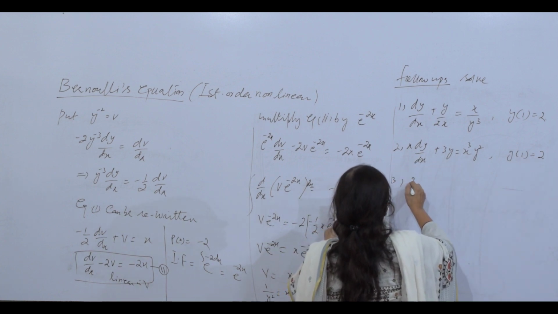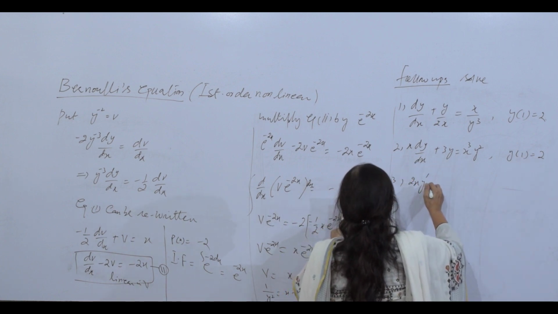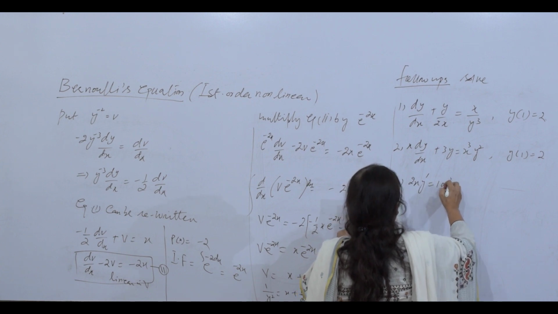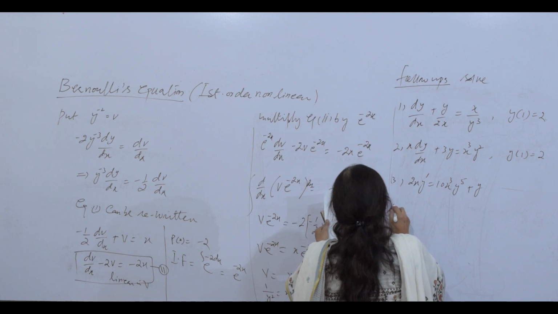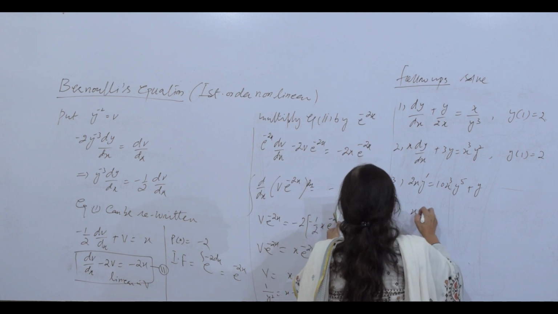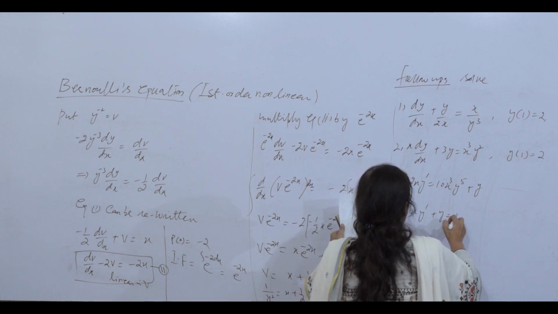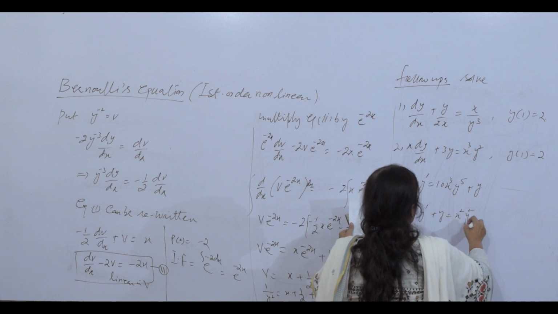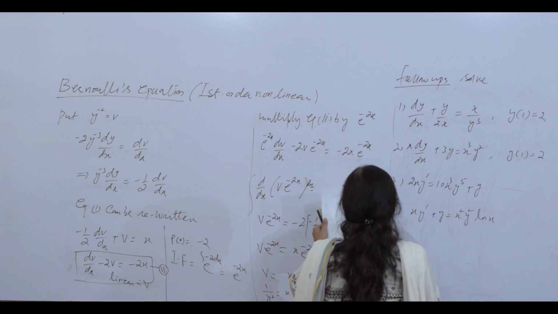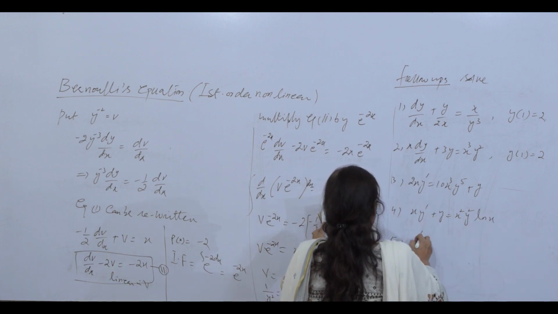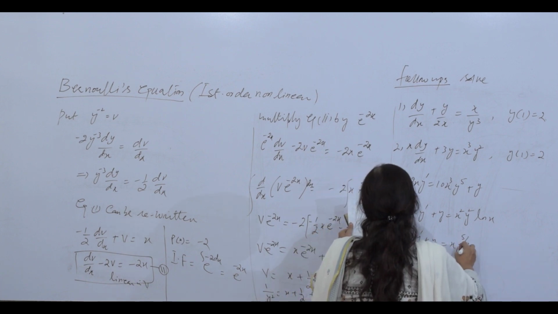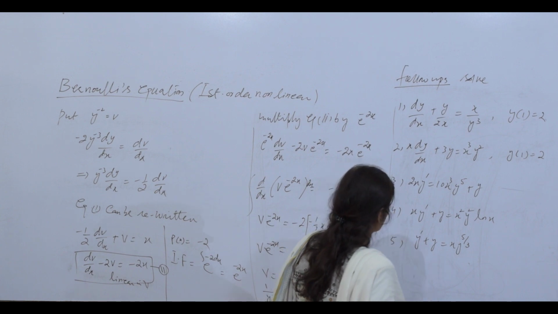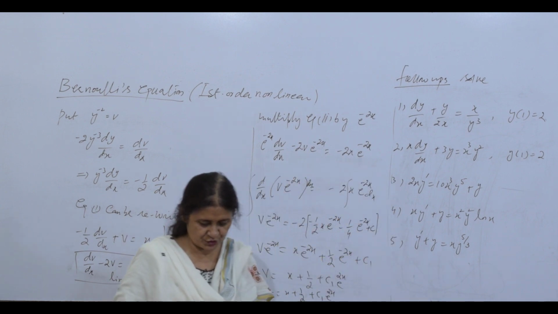Number 3, 2x y dash is equal to 10 x cube y5 plus, this is 4th, x y dash plus y is x square y square natural log x. Then y dash plus y is x y by 3. That's all. There are 5 questions.